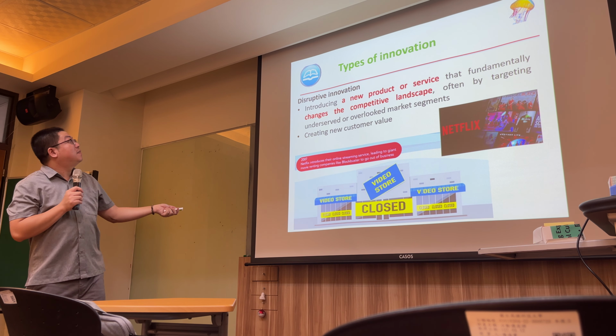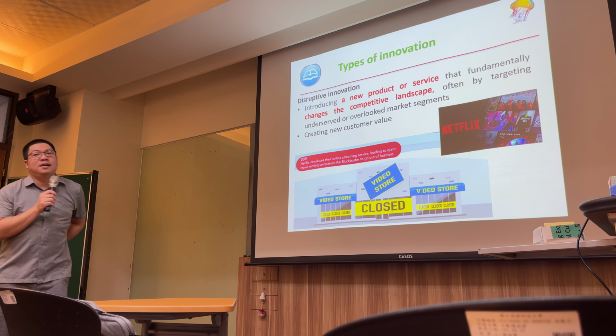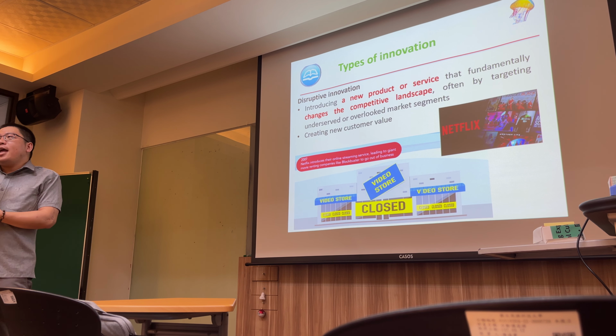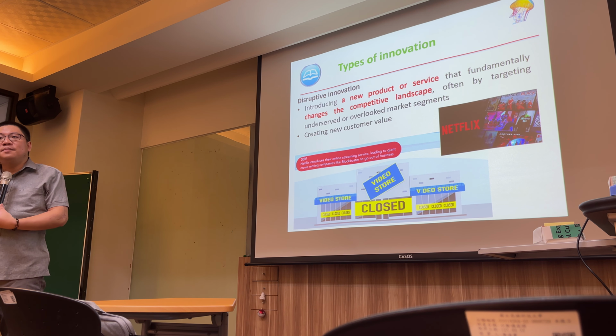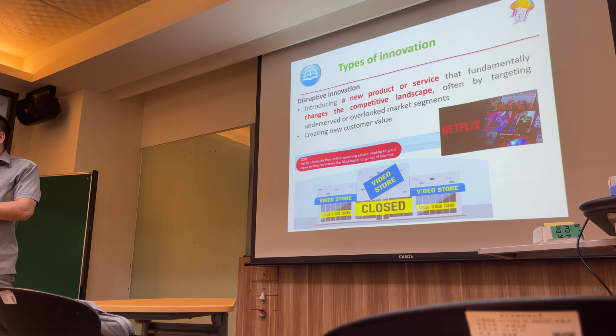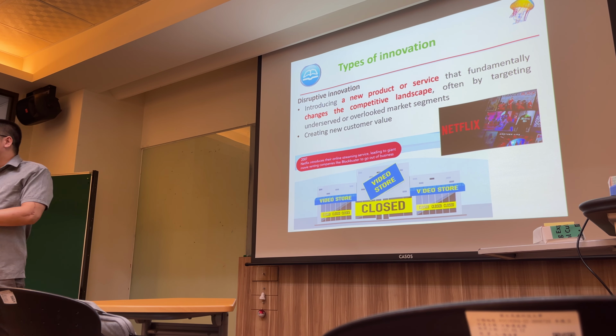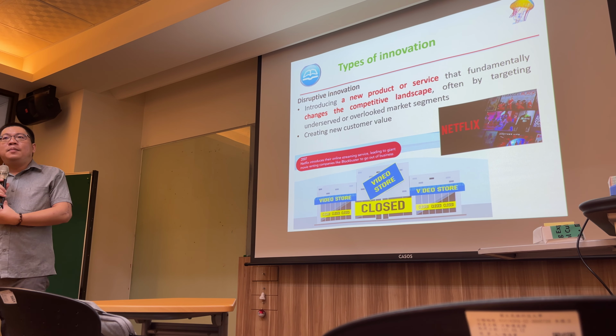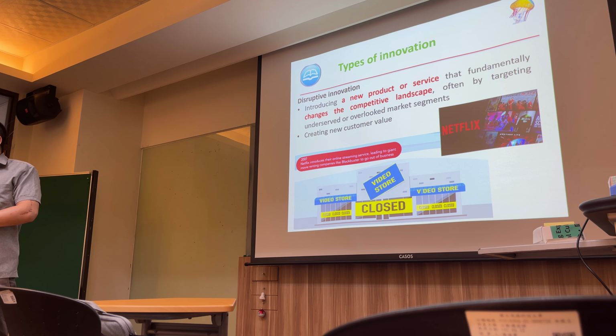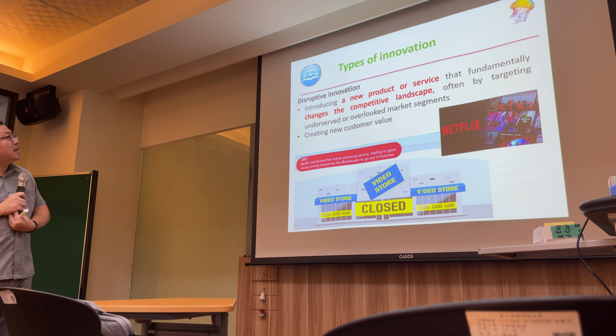And the last is disruptive innovation. Okay, it changed the industry. It changed the way we work. It changed the way we make money. And even it changed the business model. So focus on my highlight.